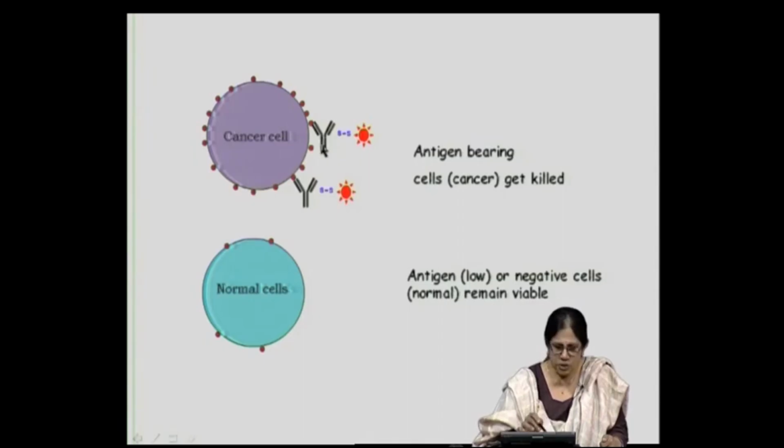So, in such a situation, of course, the antibody molecule would no way bind to the normal cell. So, you have now antigen bearing cancer cells which are now being recognized by the antibody which is to the specific antigen.